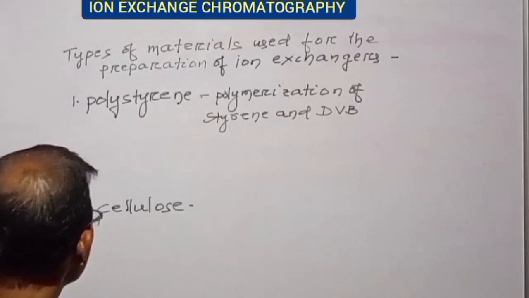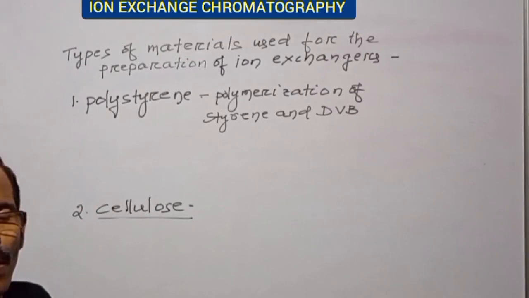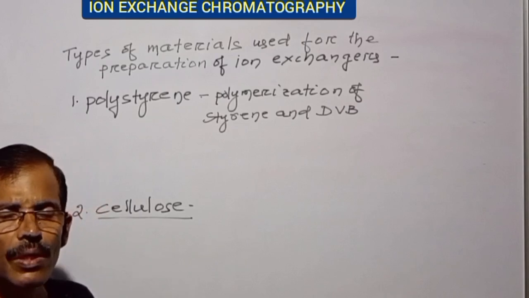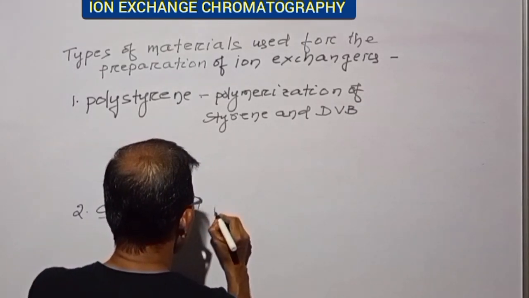The second group of material is cellulose, which is useful for the separation of high molecular weight compounds. There are two main types of cellulose-based resins.